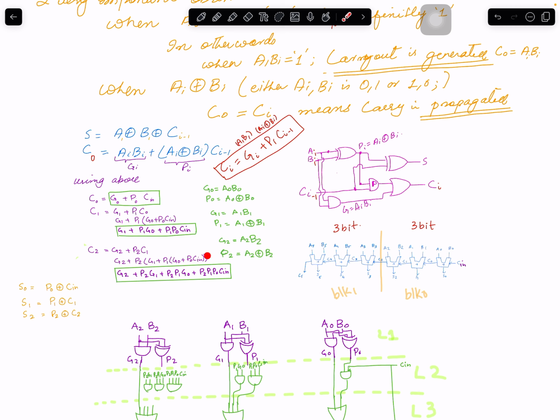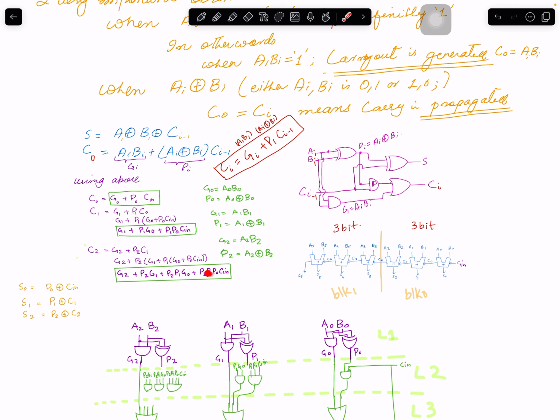You get this one, then you P2 multiply with everything here. You just open up this equation and this will turn into something like this. Do it yourself and see whether you get similar things or not. Let me check. Sometimes I make mistakes. P2 G1, P2 P1 G0, P2 P1 P0 Cn.